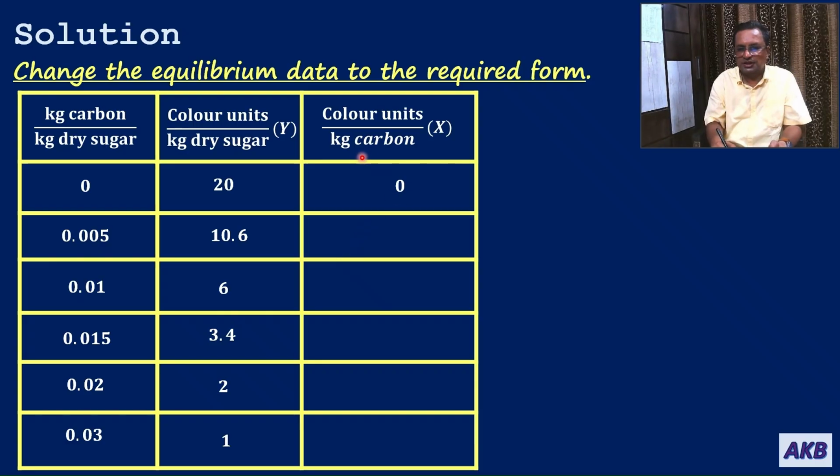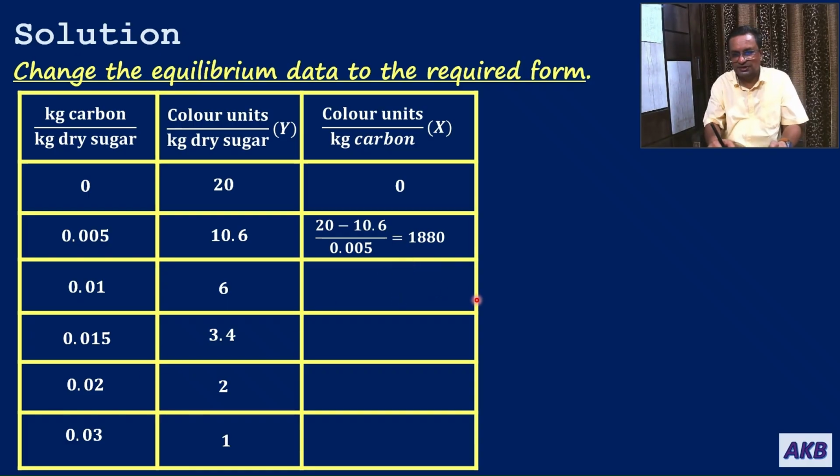Initially, when no carbon is added to the solution, there will be no adsorption. Then for this reading, when you are adding 0.05, the color is reducing from 20 to 10.6. So color units per kg carbon will be 20 minus 10.6 divided by 0.05, which is 1880.